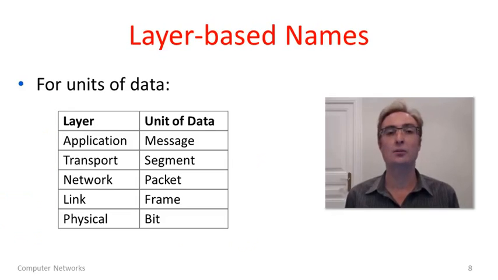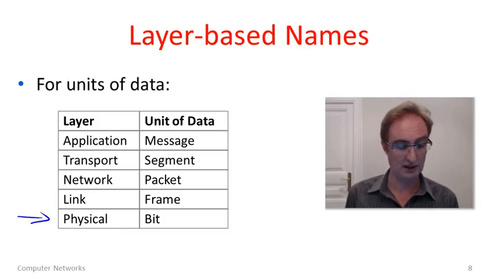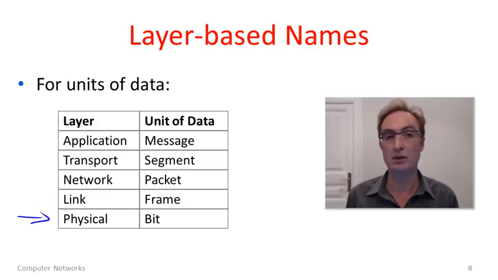What I want to do now, just to finish out this unit, is to talk about something else we get from reference models. And that is the structure of the reference models often gives us some names and terminology just to talk about networks. In fact, a lot of the names we use to describe units of data take their names from the layering. If we're talking about units of data at the physical layer, typically we're talking about bits.